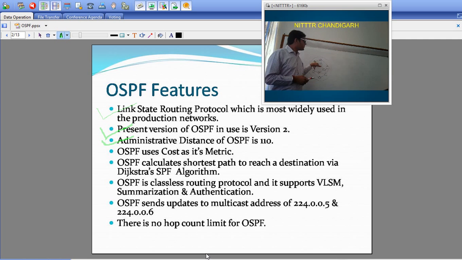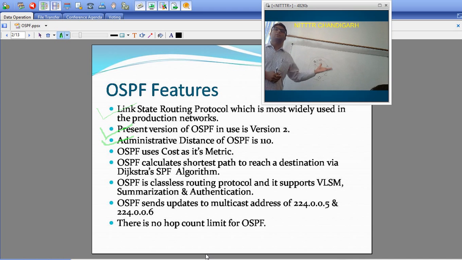Let's say I am having this Cisco router, this Alcatel router, this Huawei router, and this ZTE router. OSPF will work. But if you talk about EIGRP, earlier it wouldn't work because it was not an open platform. It was proprietary for Cisco products.